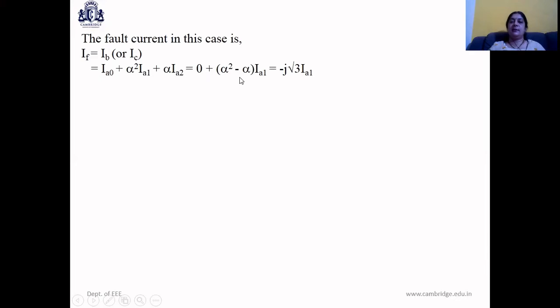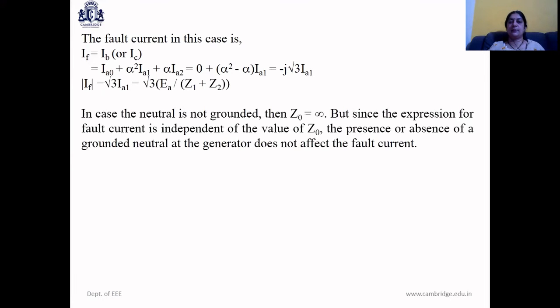Alpha square minus alpha is equal to minus j root 3, so IA1 times that. Therefore, the fault current IF is minus j root 3 IA1. The magnitude alone of fault current is important to us. Therefore, IF magnitude is root 3 times of IA1. And IA1 is EA by Z1 plus Z2. So substituting, we have IF to be equal to root 3 EA by Z1 plus Z2.